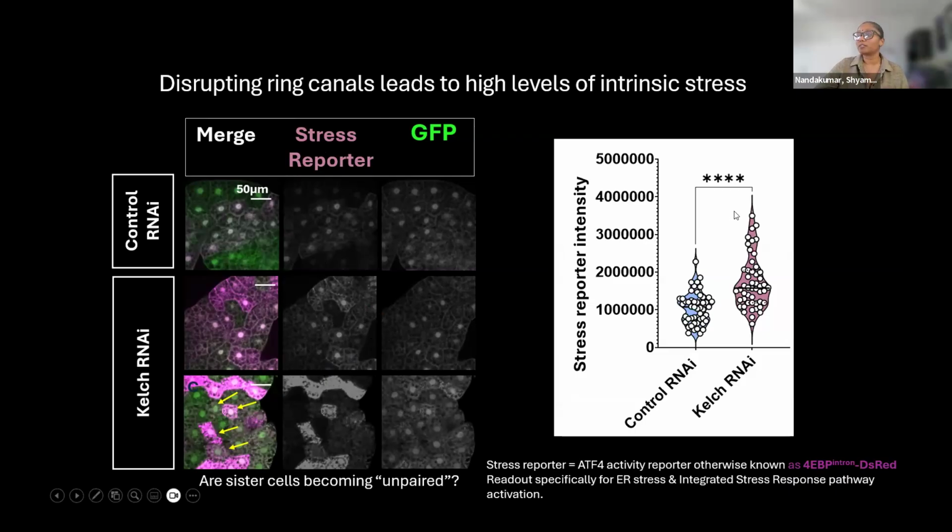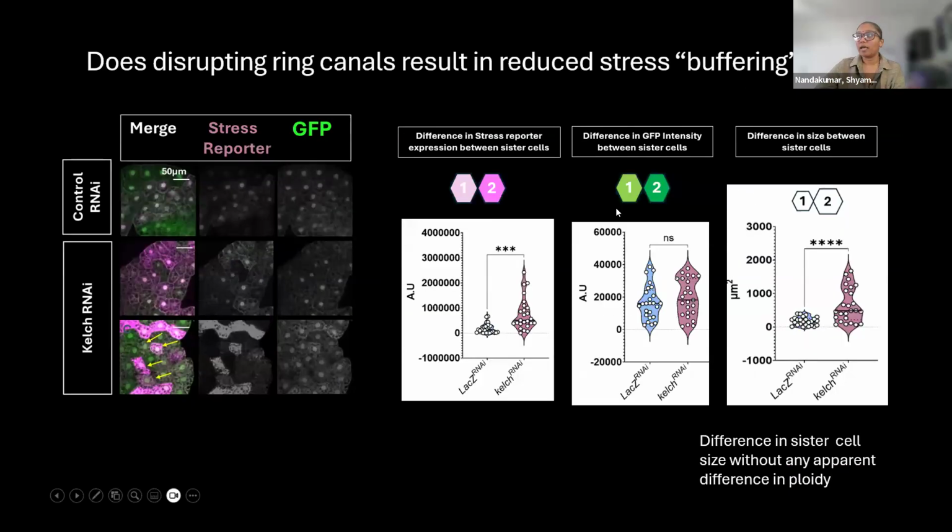And so this graph quantifies the total stress reporter expression. And then when I go in and I measure the difference between sister cells that are paired through ring canals, but the ring canals are now disrupted, you can see that the difference in the stress reporter expression is much higher between sister cells, whereas just cytoplasmic GFP is not.